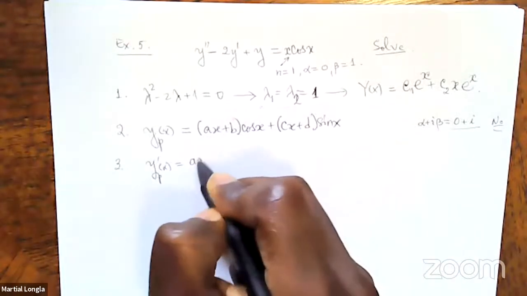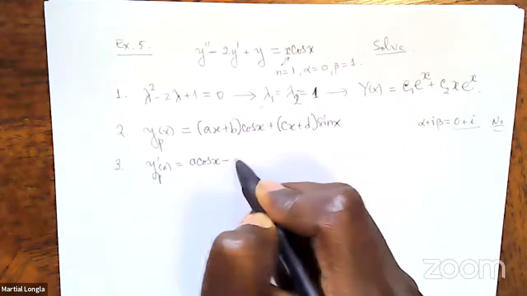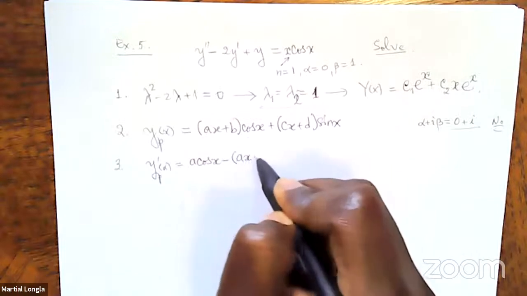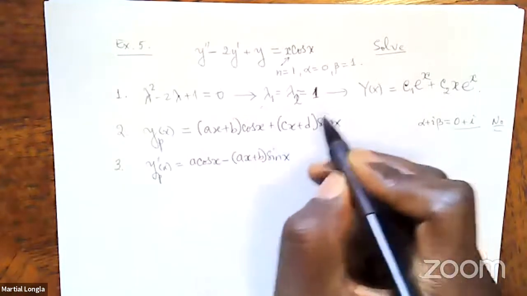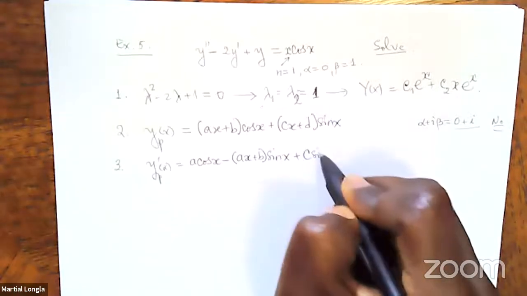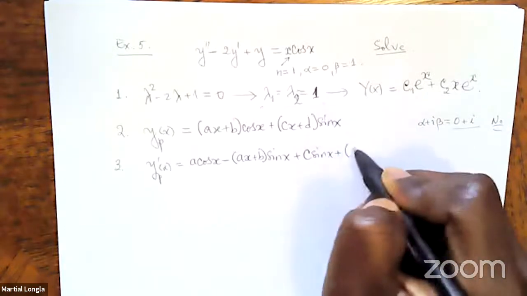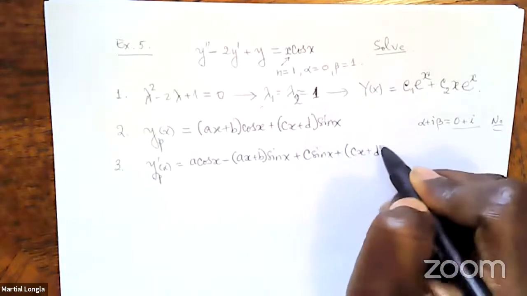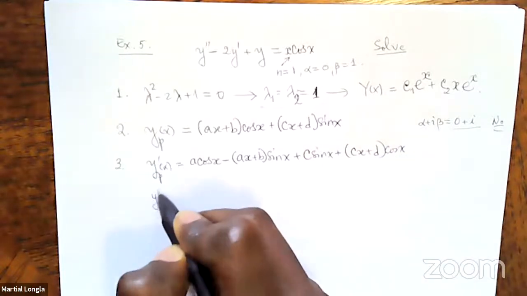Derivative of a cosine x: the derivative of cosine is minus sine, so that's minus ax plus b sine x. Then the derivative here is plus c sine x, and the derivative of sine is cosine, that's cx plus d cosine x. Then you find the second derivative.